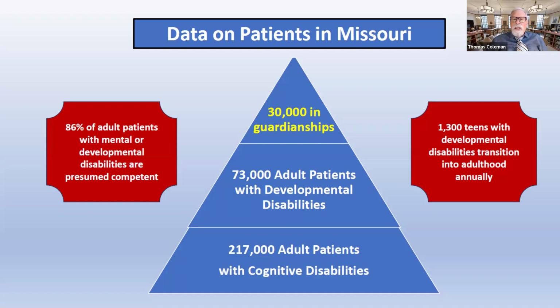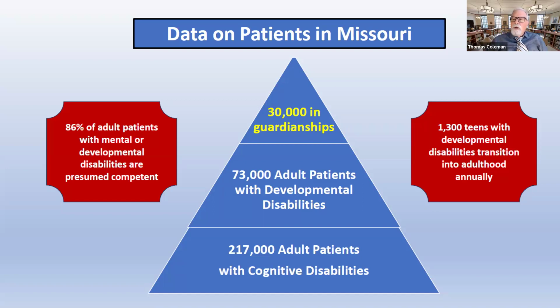So from this data, you can see that the overwhelming majority of adult patients with mental or developmental disabilities are making their own healthcare decisions. They're presumed to be competent in the law, and in fact, most of them are competent to make healthcare decisions either on their own independently or with the help of others of their choosing.